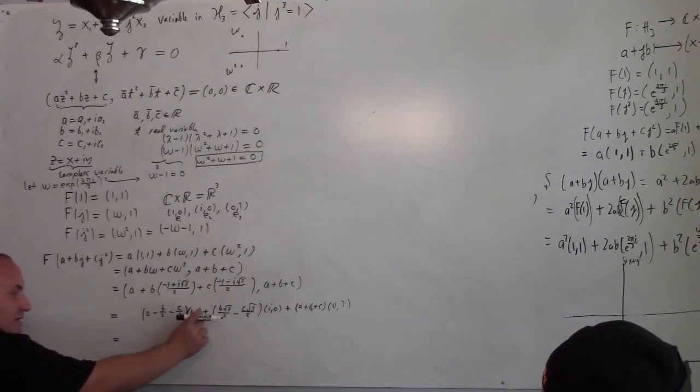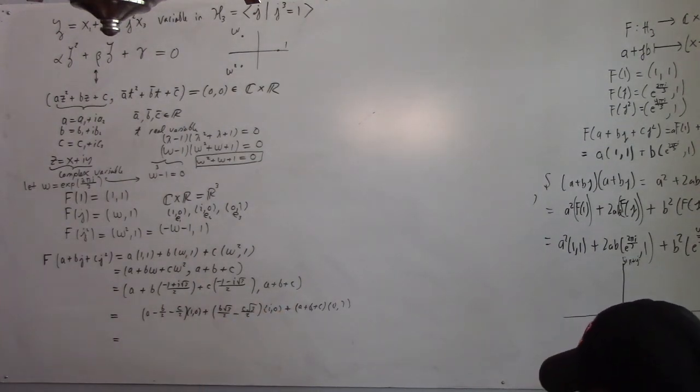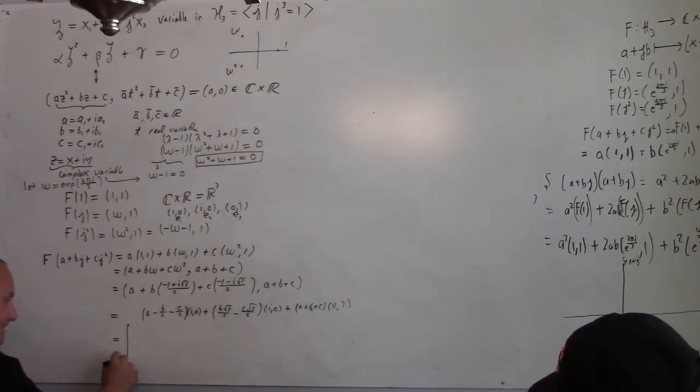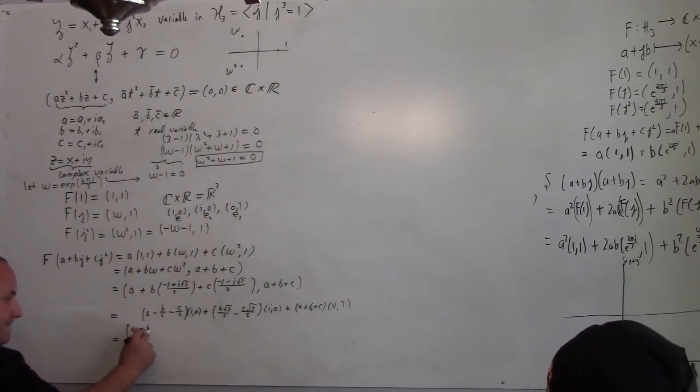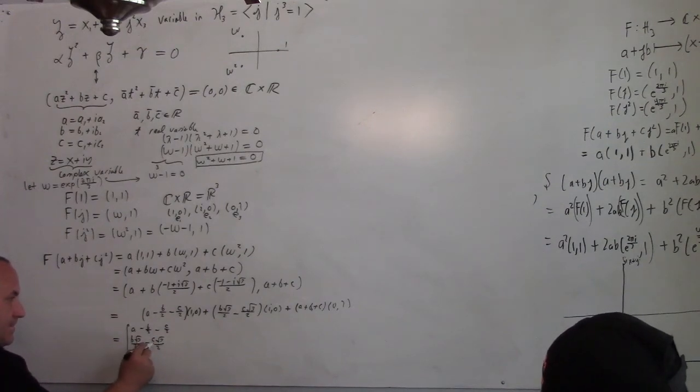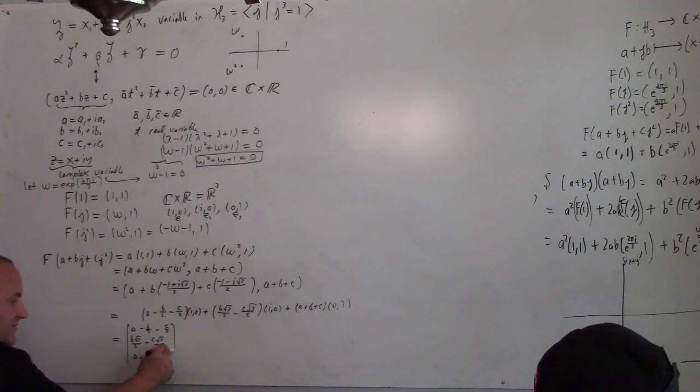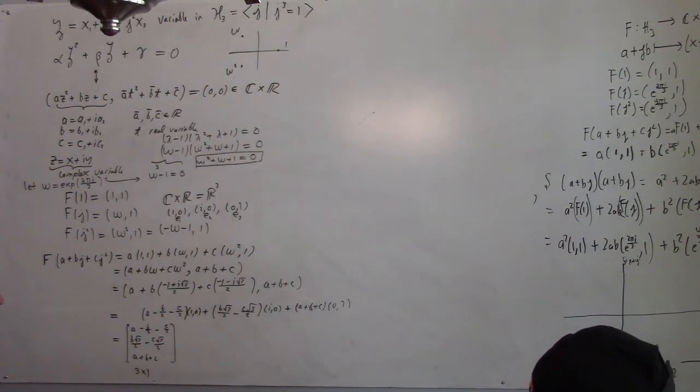Remember, this is e1, this is e2, this is e3, so you could stack them. Again, this is a 3 row by 1 column, 3 by 1.